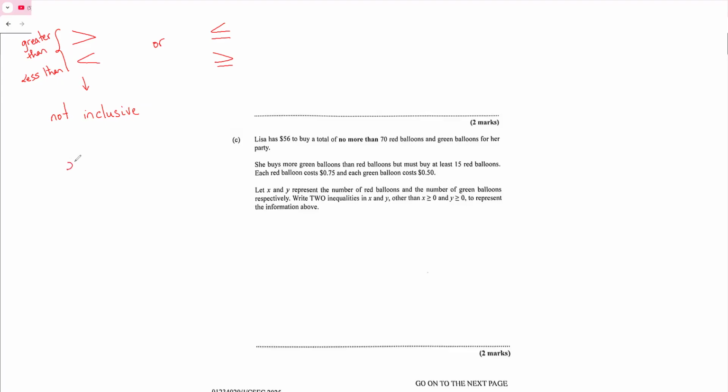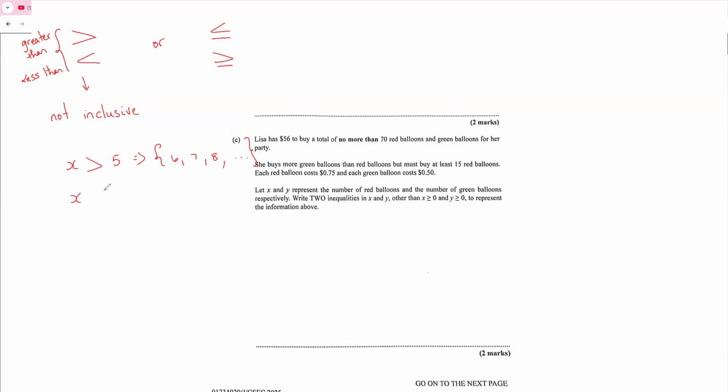So if I say X is greater than 5, it means that X could be from the set of numbers bigger than 5. So it could be 6, 7, 8, 9, 10, and so on, all the way up to infinity. But it does not include 5.